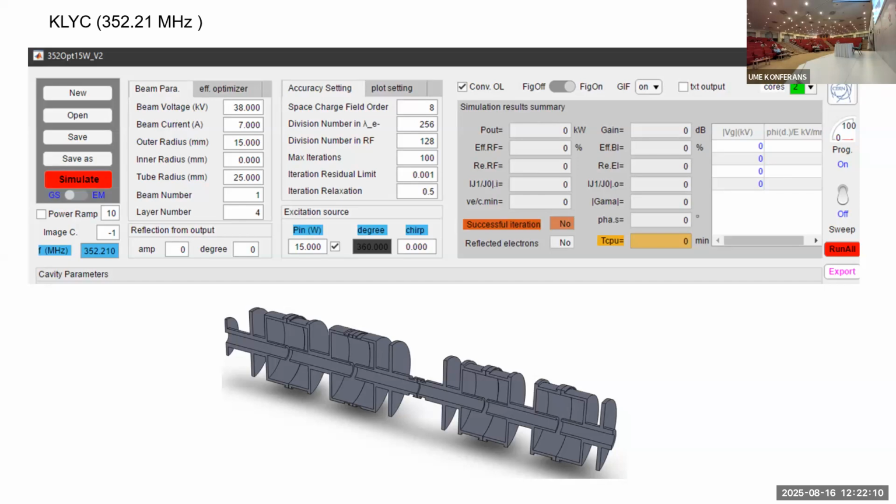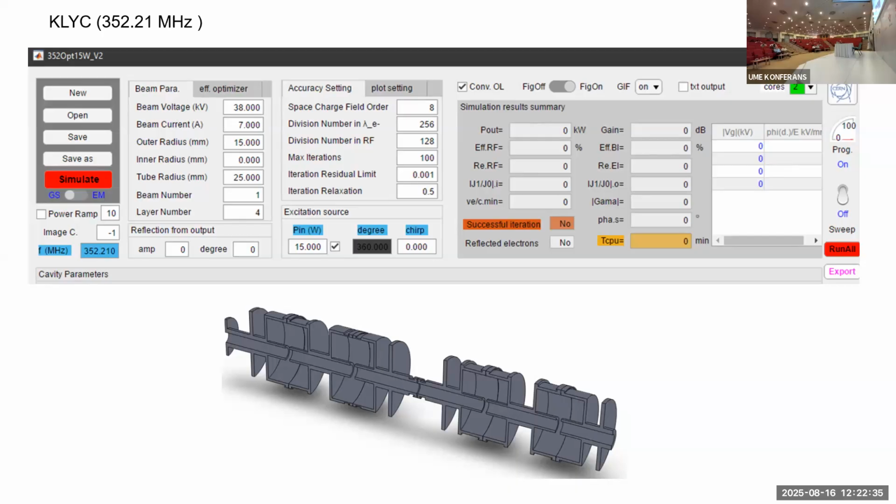And for the cavity, you see some extra sections there. They're the cooling spaces. This was cavities 1, 2, 3, and 4. What's the input? It's very low.